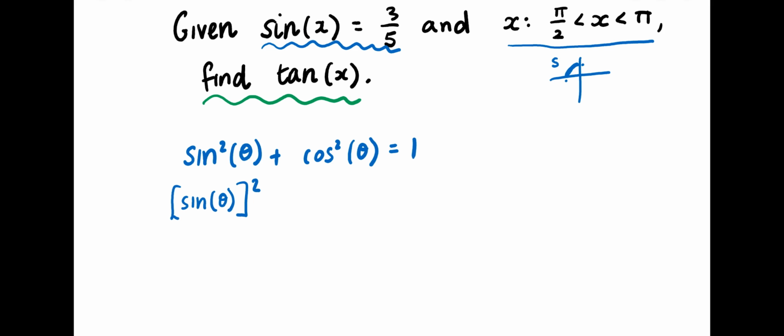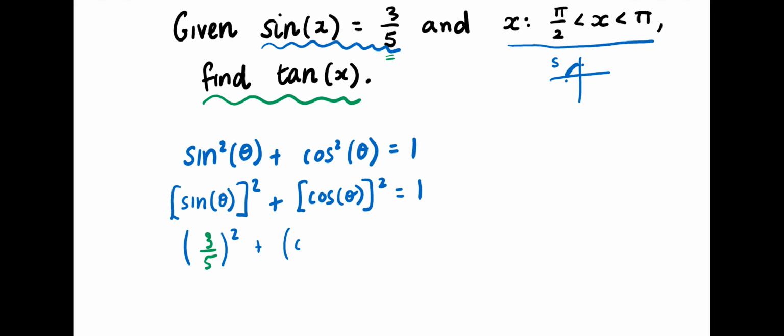This is just a shorthand way of writing the long way here. So sine theta squared plus cos theta squared is equal to 1. And the context that we have for this is that sine x is 3/5. So I'm saying 3/5 squared plus whatever cos theta is squared is equal to 1.